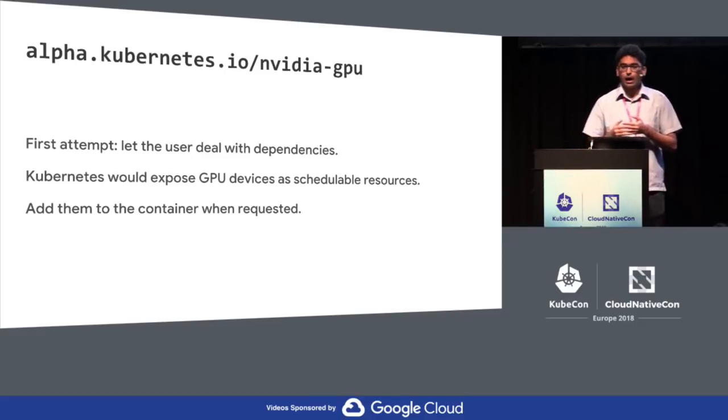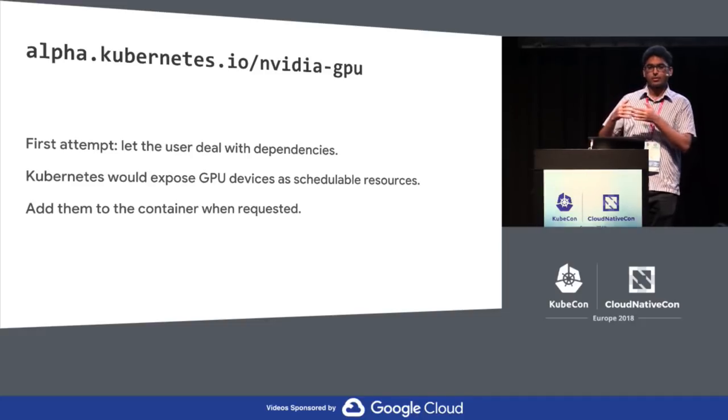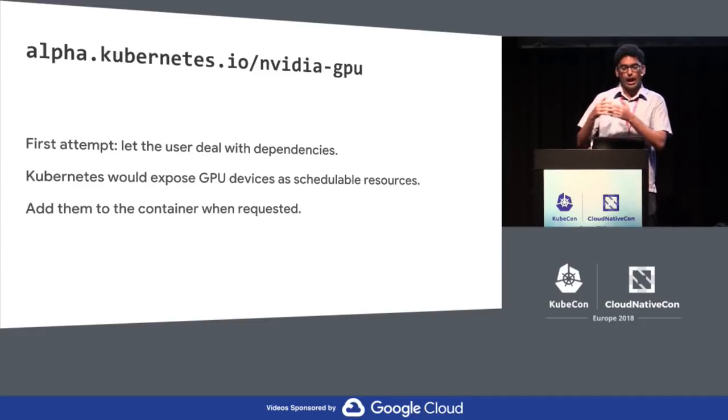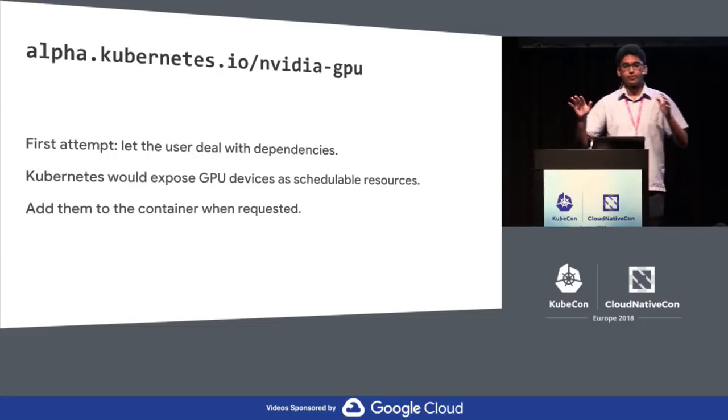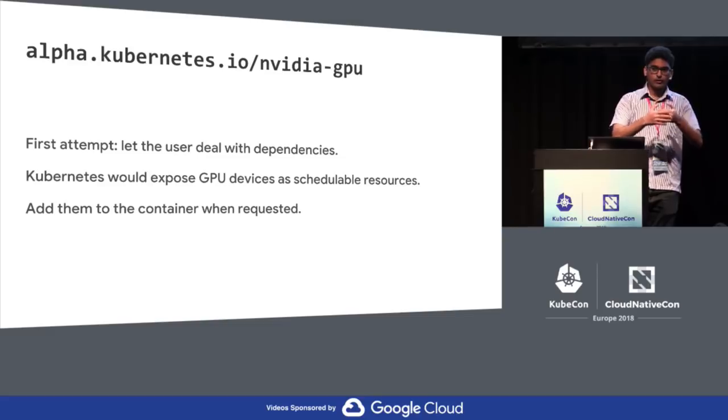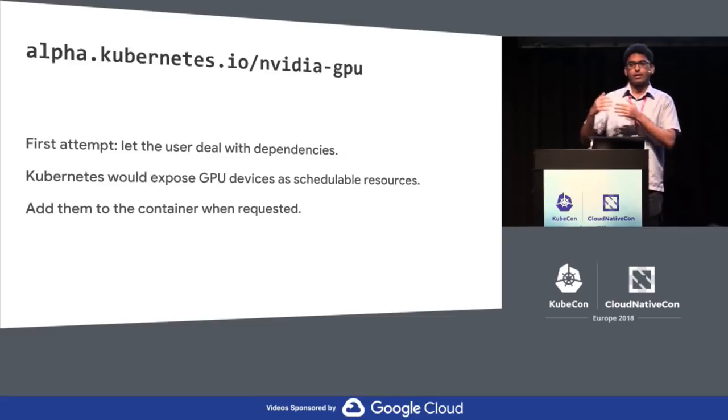And when a container asks for this resource in its resource requirement, then Kubernetes would add these devices to the container. So this is all it would do. It would keep track of the GPU devices on the host and attach them to the container when requested.